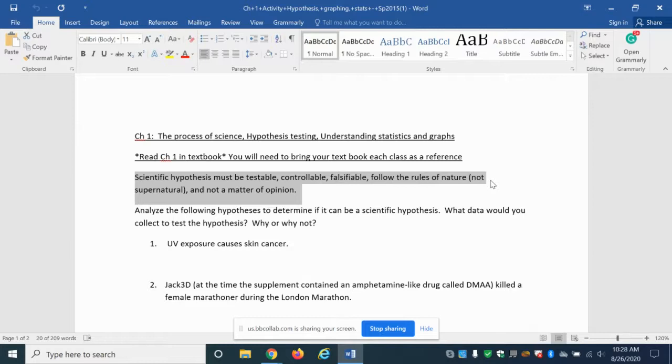If it's falsifiable, so this kind of goes back to the testable part, and falsifiable means, is that statement a yes or no? Can we say, yes, this data supports the evidence, or no, it does not support the evidence?